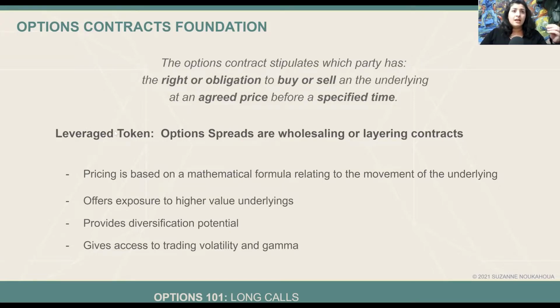An option, again, is a leverage token. So it's kind of like wholesaling, and you are agreeing to contracts of what is going to be the buy and the sell price. You are not actually looking to buy the thing. You may want to buy the shares, but essentially the contract, you're trying to move the contract around so that you are capturing that profitability as the underlying moves.